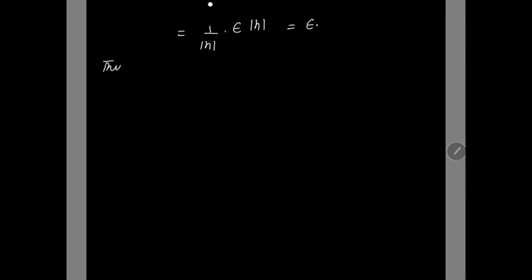So thus mod of f of z plus h minus f of z over h minus f of z, this mod is less than epsilon, but epsilon was arbitrary.